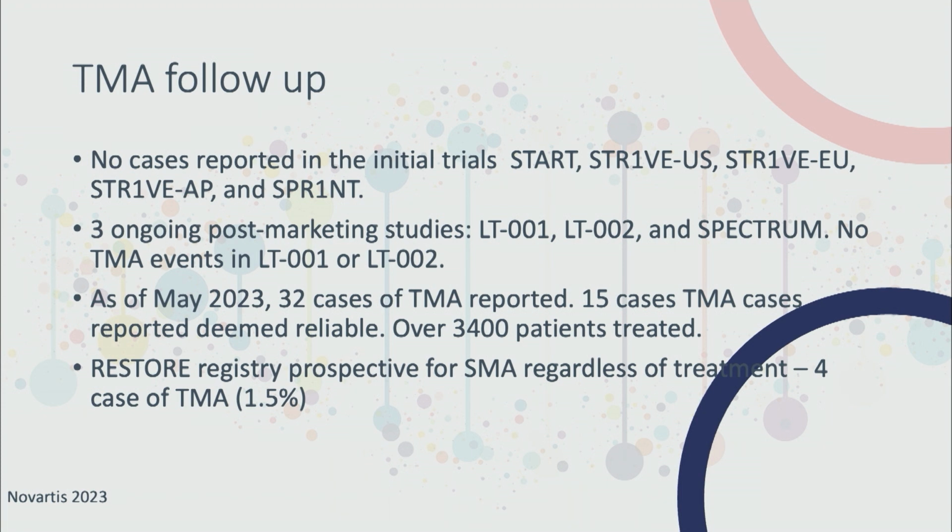In the onasemnogene studies, there weren't events reported. However, post-marketing, I think there have been about 32 cases reported, and that might be an underestimate. When it was reviewed, it was felt that maybe 15 of them were real, and that's out of 3,400 patients treated.